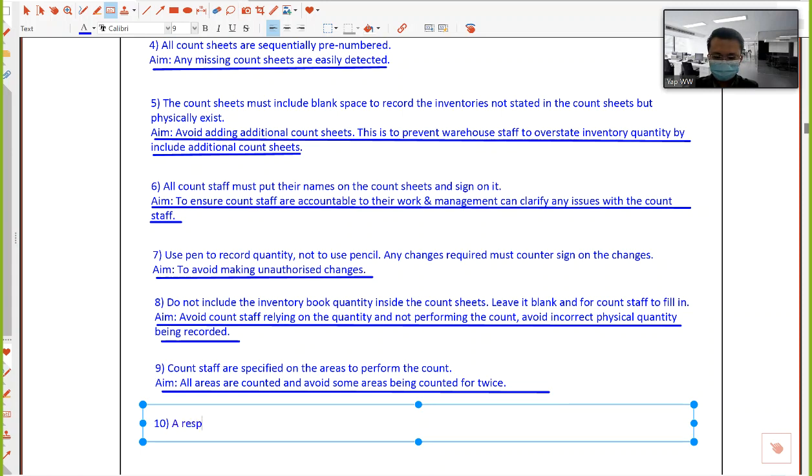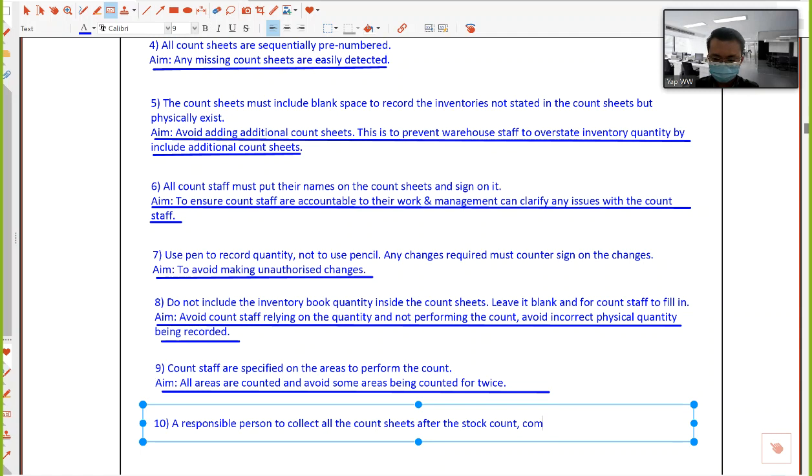Okay. A responsible person to collect all the count sheets after the stock count. Okay. Collect all the count sheets after the stock count.